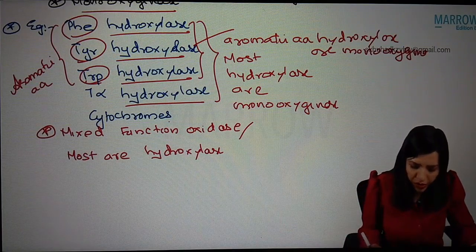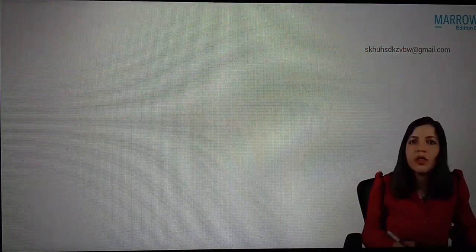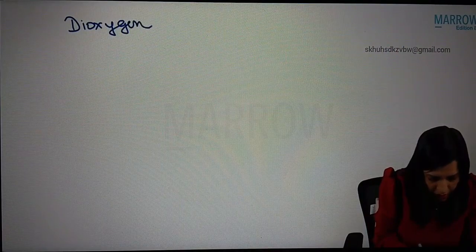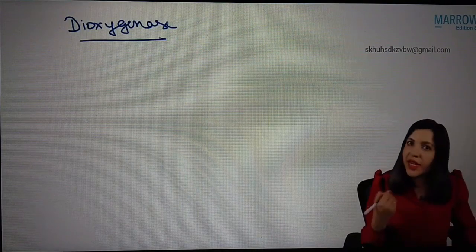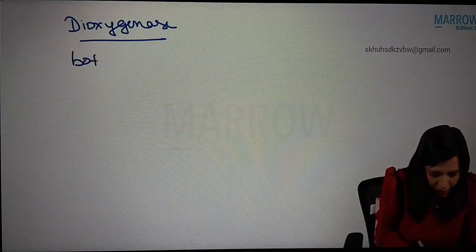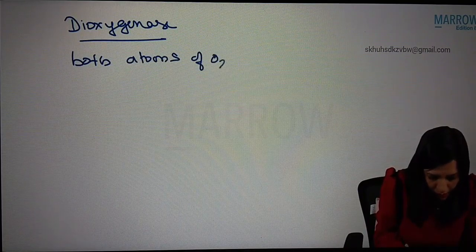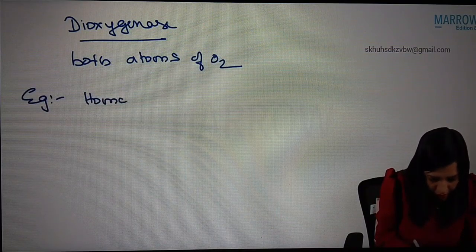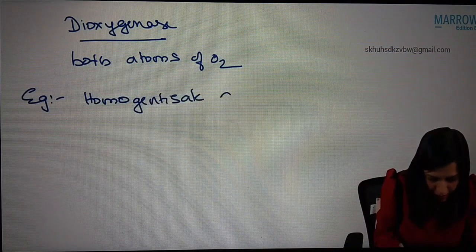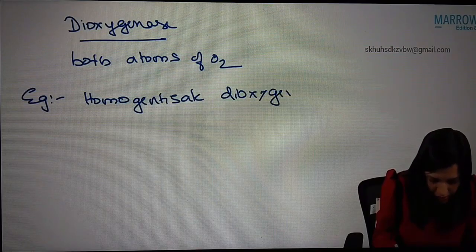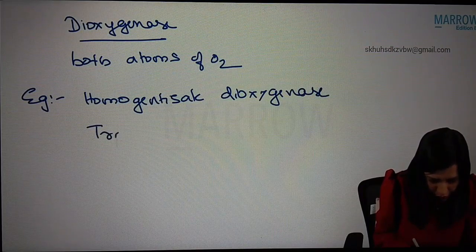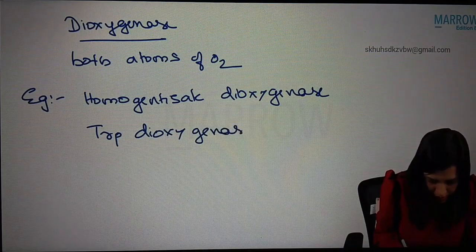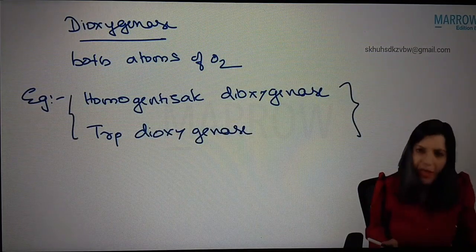Now going to the dioxygenases. Dioxygenase adds both atoms of oxygen, as we have already seen. Examples are homogentisate dioxygenase and tryptophan dioxygenase.